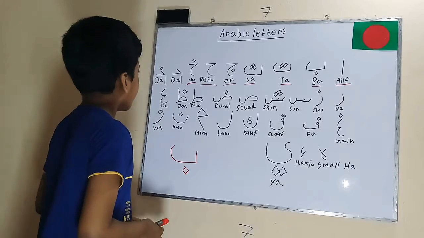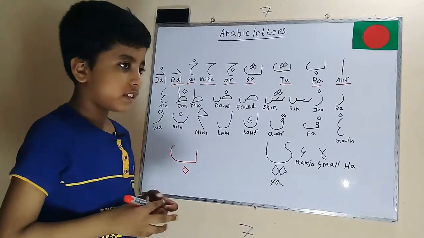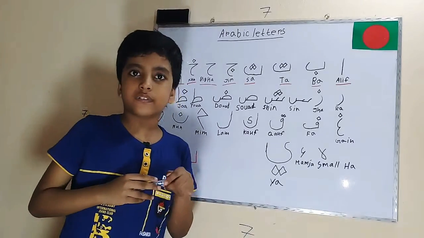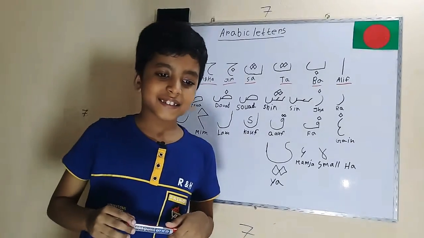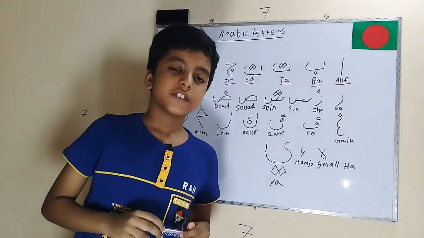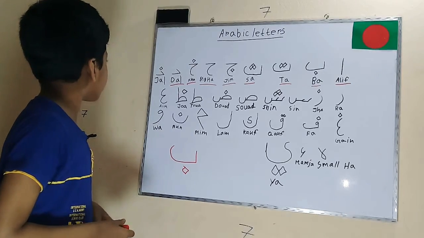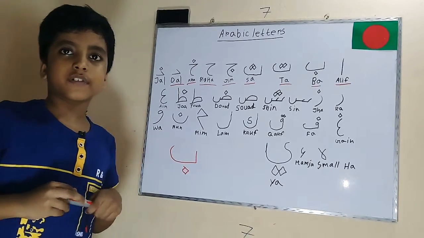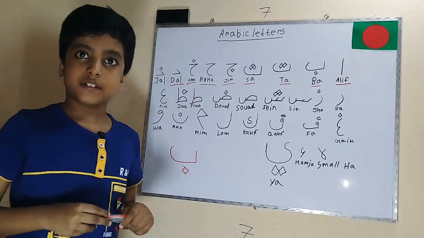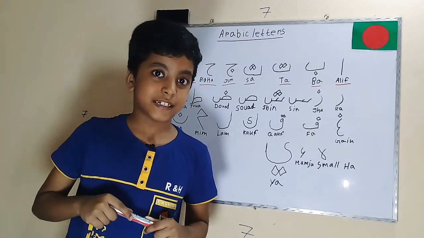Then next we have dal. Dal is the ninth letter of the alphabet, and it makes the sound da. That is very similar to zal, which we'll cover next.